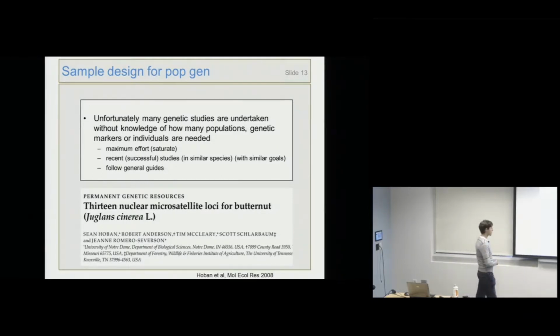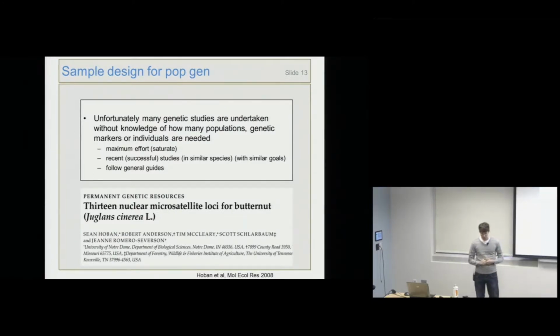a given technique. Now, during my PhD, I had to develop some genetic markers myself, which takes about 6 months to a year. And so before embarking on this work, I wanted to ask some advice from some professors about how many do I need to develop.